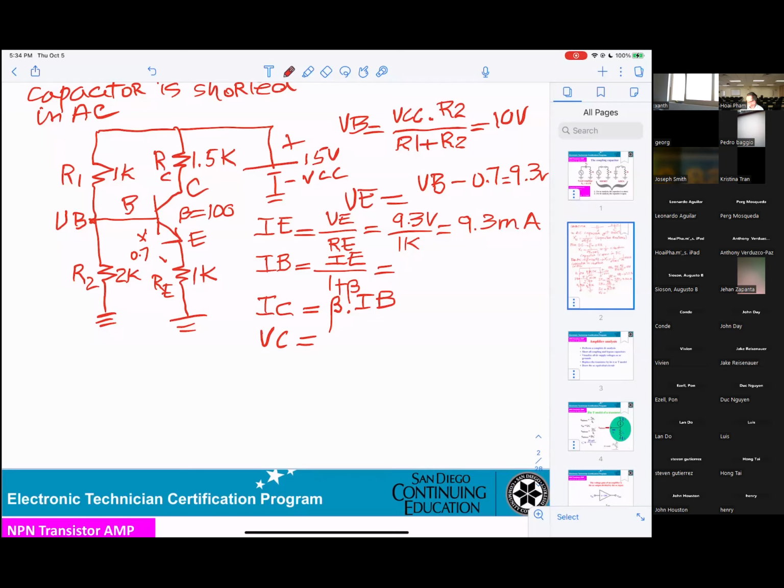VCC minus IC times RC. Okay. That's how we calculate it.